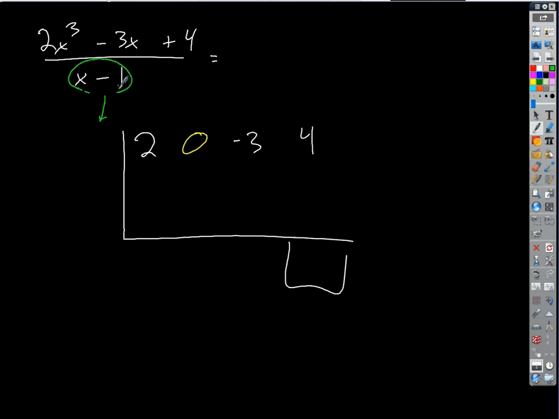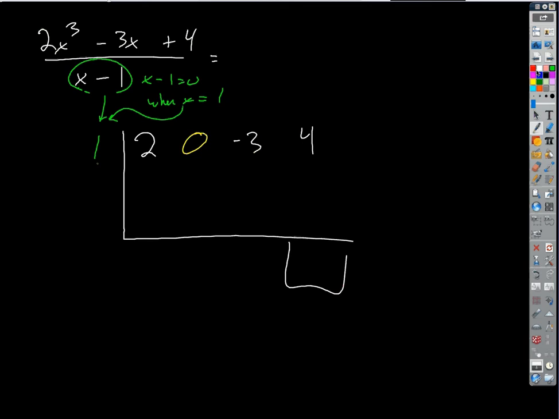So for this year, we're only going to deal with denominators of the form x plus or minus some number, right? So it's always going to be easy to find the zeros. x minus 1 equals 0 when x equals 1, right? So 1 is the number that goes out front.